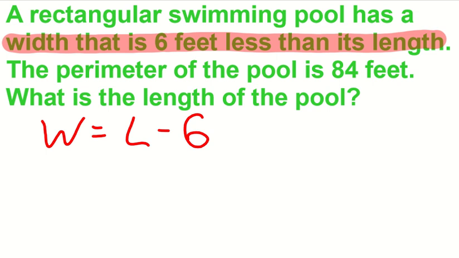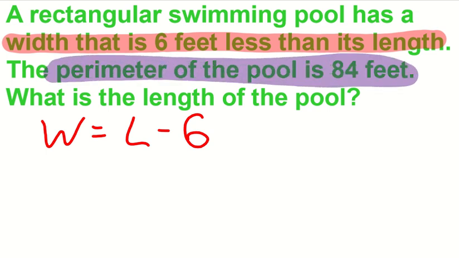Second equation, it says the perimeter is 84 feet. How do you find the perimeter of a shape? Add up all the sides. How many sides are there on a rectangle? 4. So how many widths do we have? 2 widths. How many lengths? 2.